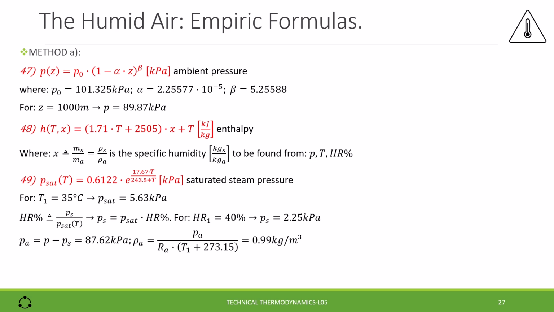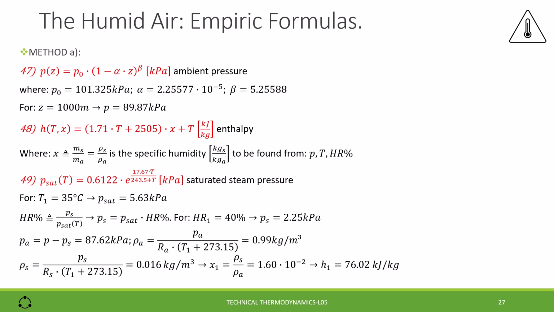The density of the air can be obtained by using the state equation, and we find in this example 0.99 kg per cubic meter. The density of the steam can also be calculated using the state equation for the steam, and we find 0.016 kg per cubic meter. The specific humidity can then be calculated: 1.6 times 10 to the minus 2, dimensionless.